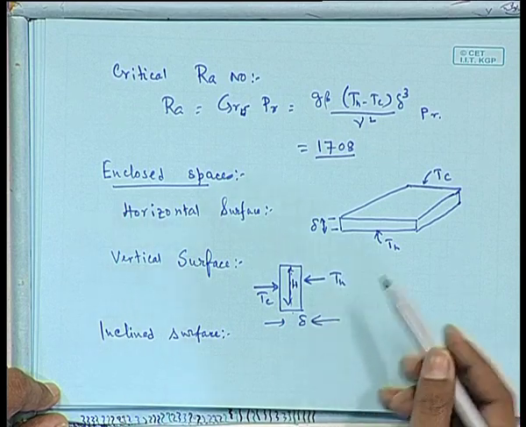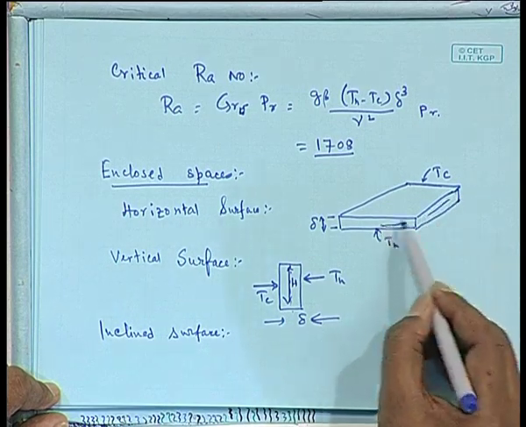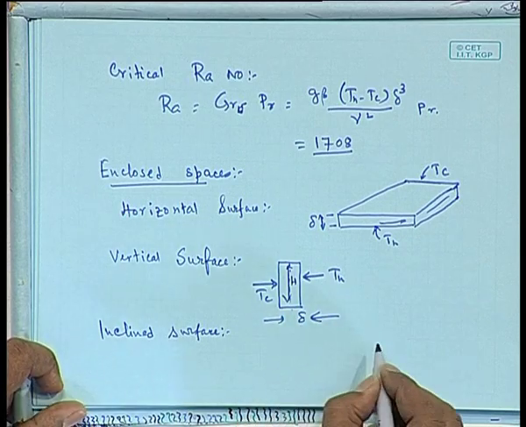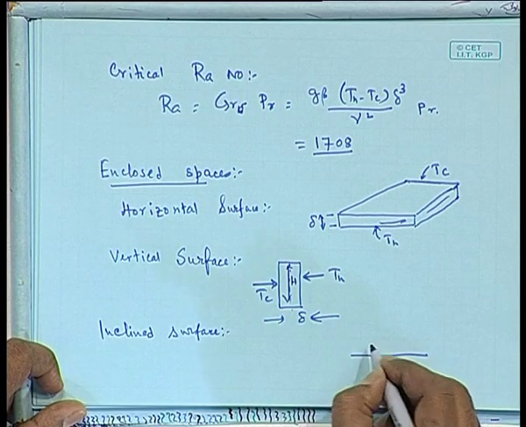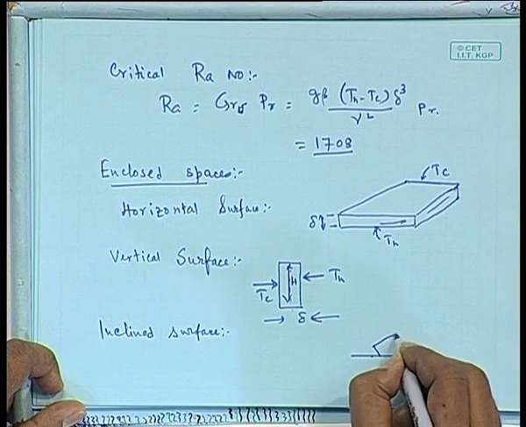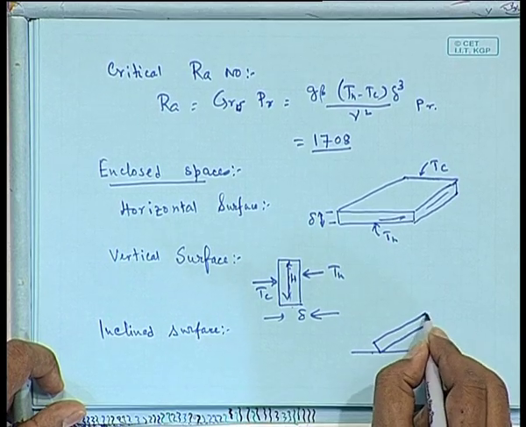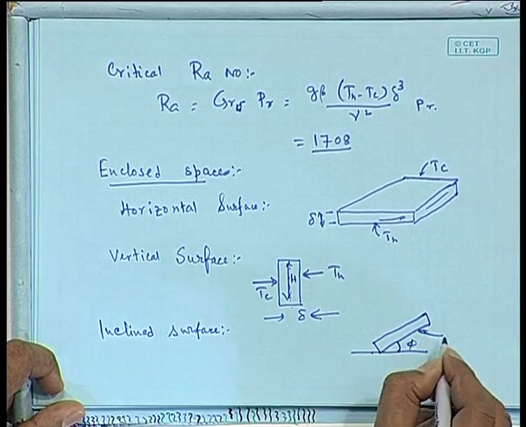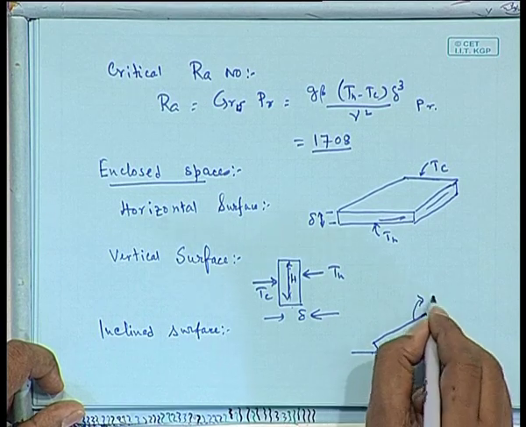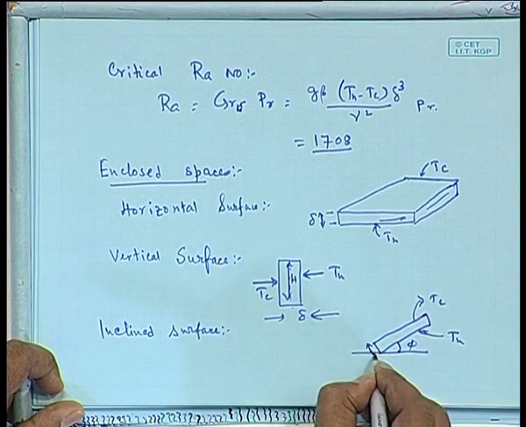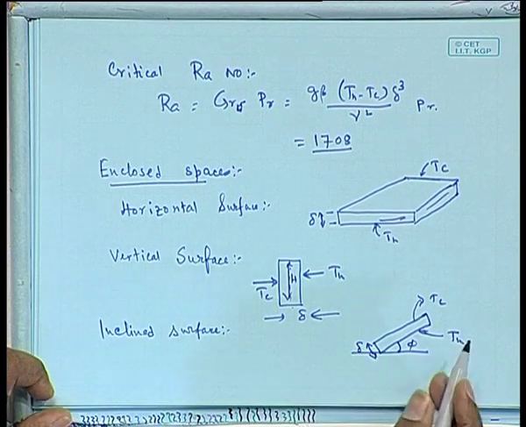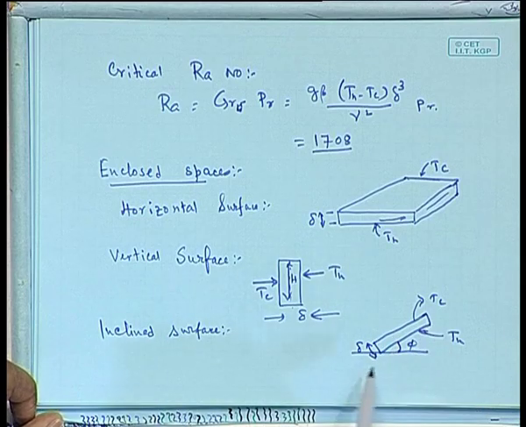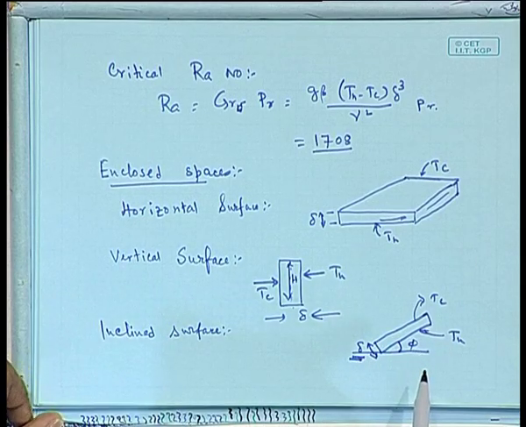So, we will be considering natural convection within this enclosed space. This angle is phi, this surface is hot, this surface is cold, and this separation is delta. This separation is important in all the cases, because all your Nusselt numbers etc. will be based on this characteristic distance delta.